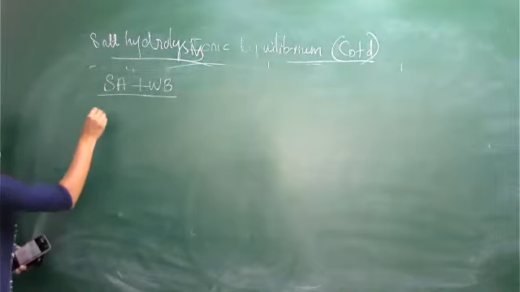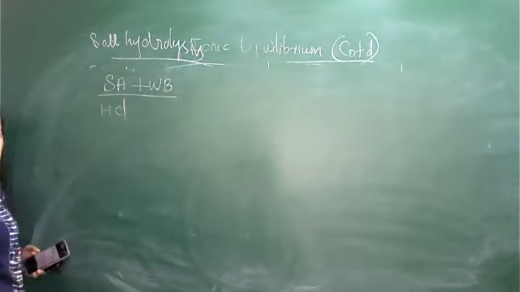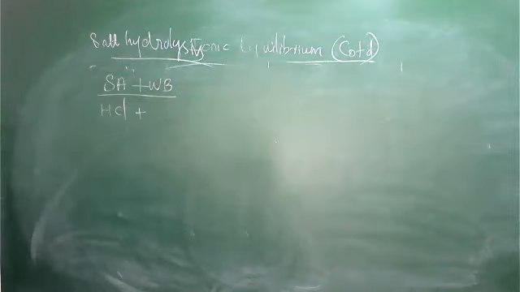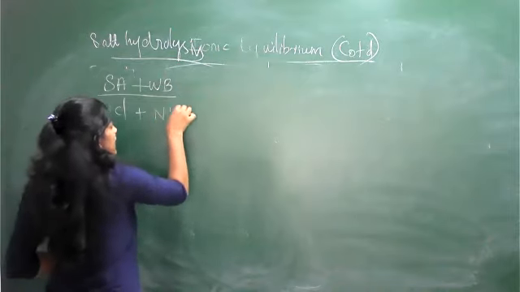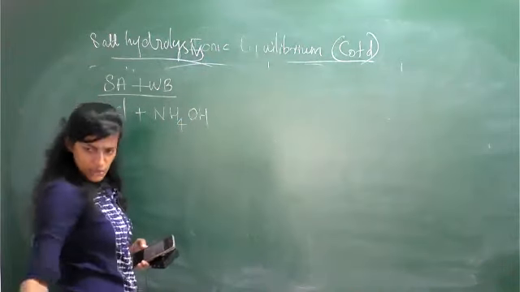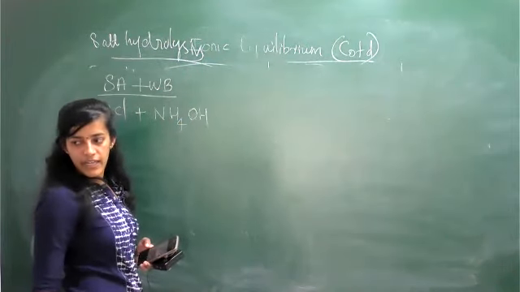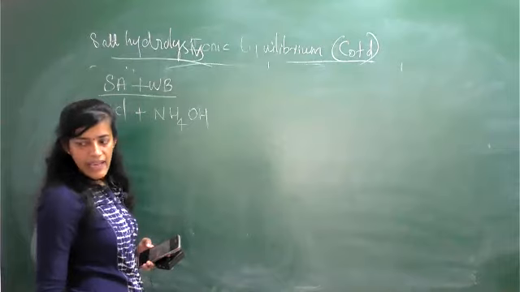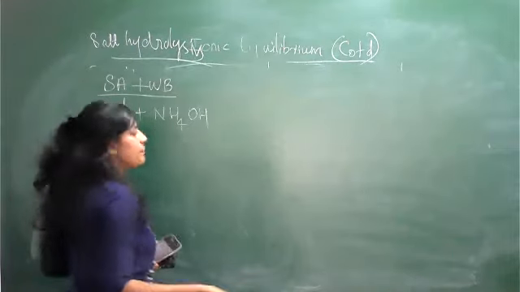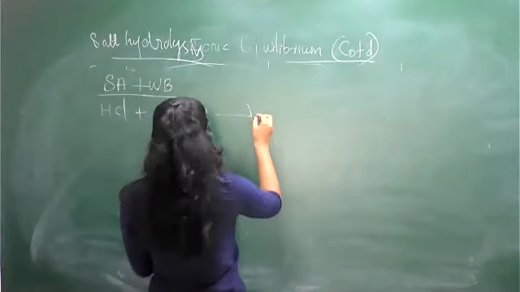Give an example: strong acid is HCl, of course, then weak base is ammonium hydroxide, NH4OH. Whatever we did in the last question, same thing, only the HCl and NaOH difference. Just copy it, then it will be helpful for you.